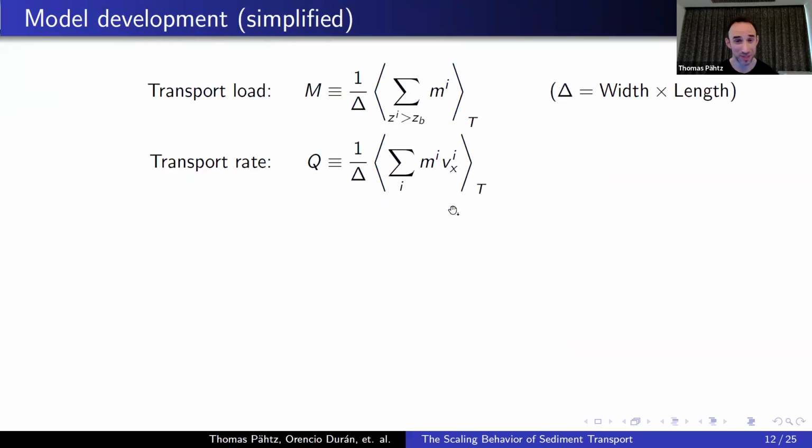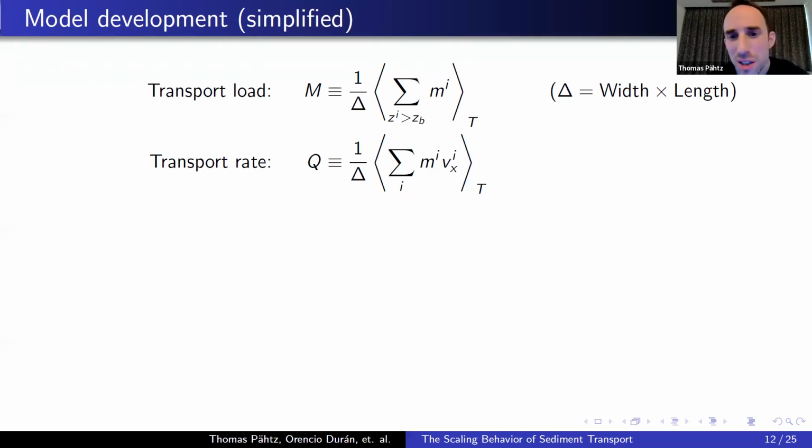So first, I introduce one quantity, that's the transport load. Essentially, when you have particles moving and they get an upper index i, we sum over the masses of all particles, but only those that are located above the bed surface.